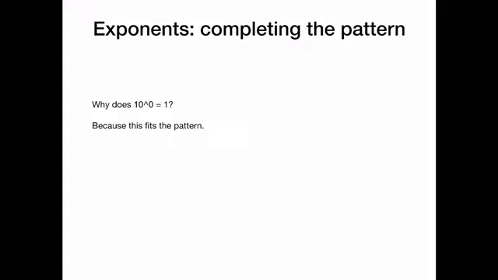Why is 10 to the 0 power, anything to the 0 power, equal to 1? We could say, well, it fits the overall pattern of everything else we do with exponents, and that's at least a halfway step to understanding. The whole use of the rules is consistent.